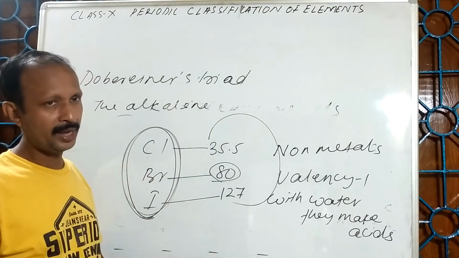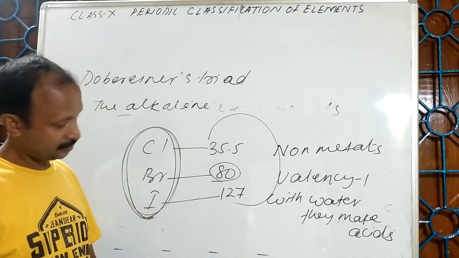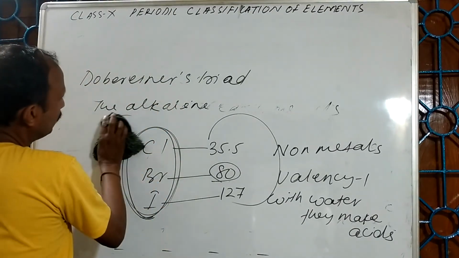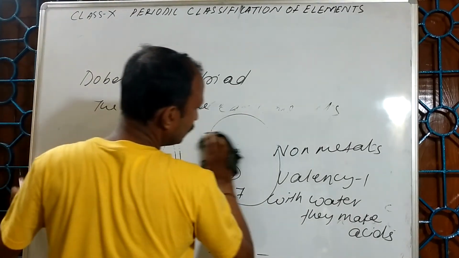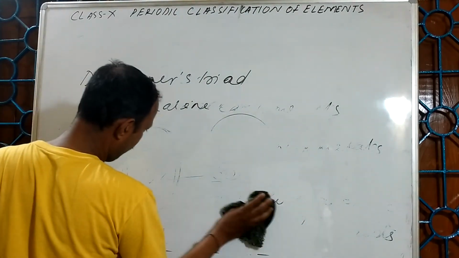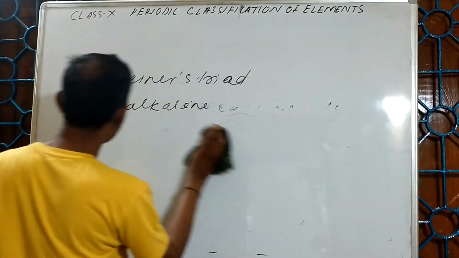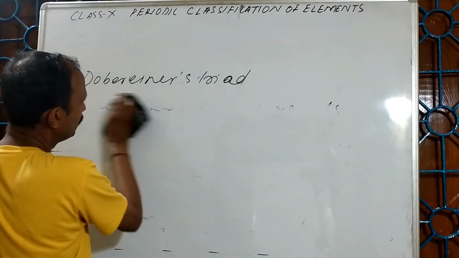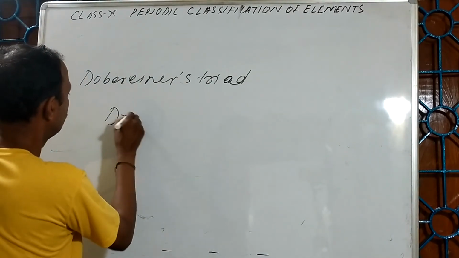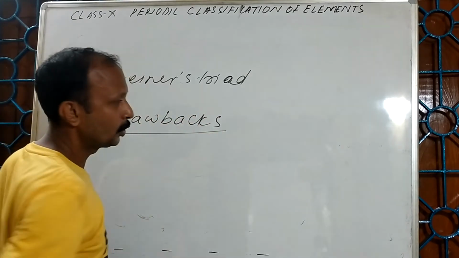These three groups were proposed by Dobereiner, but his idea failed. What is the reason why his idea failed? That means I am going to talk about the drawbacks of the Dobereiner triad.